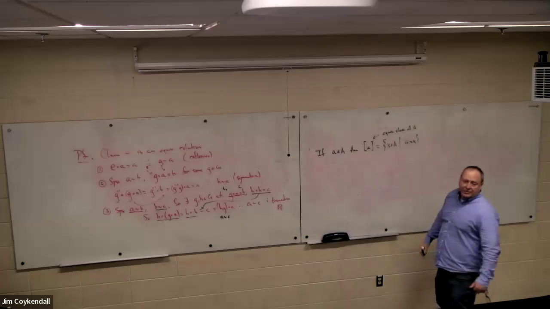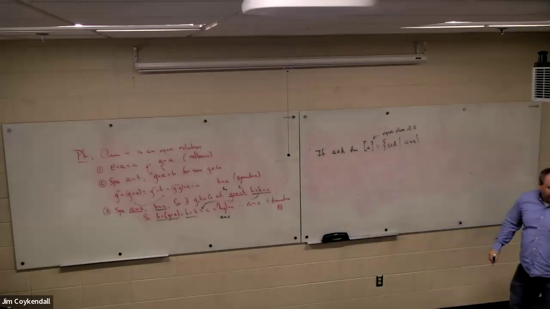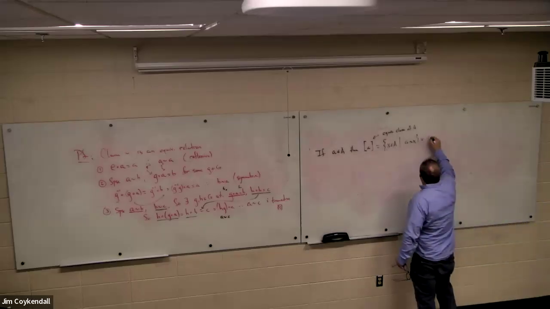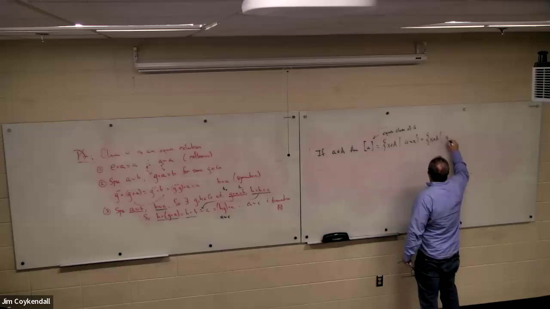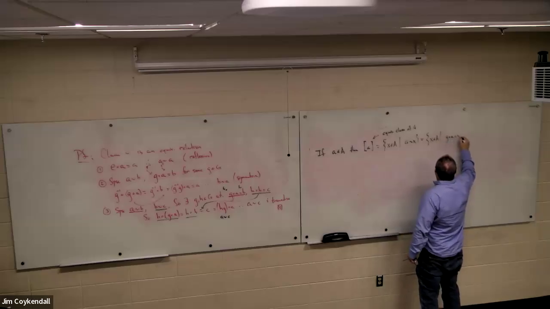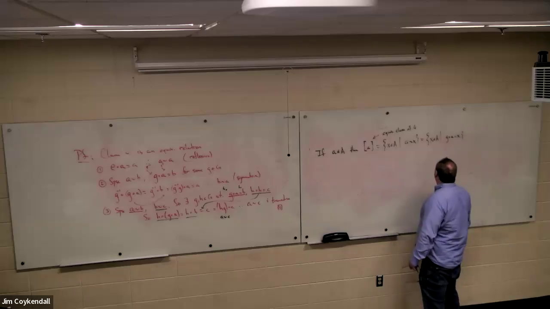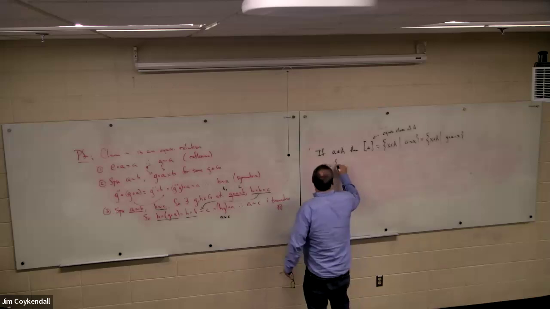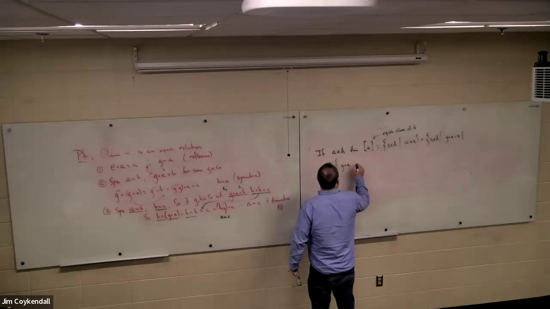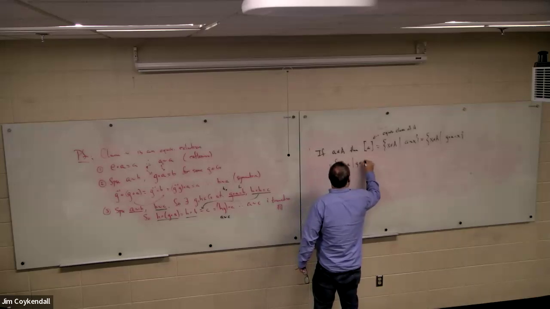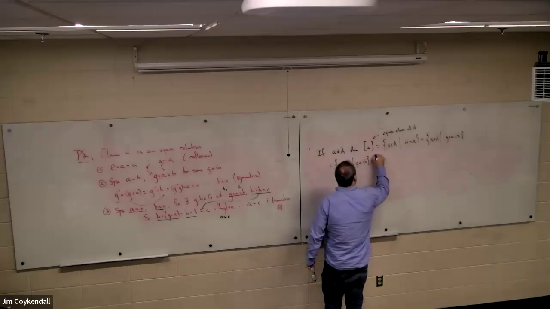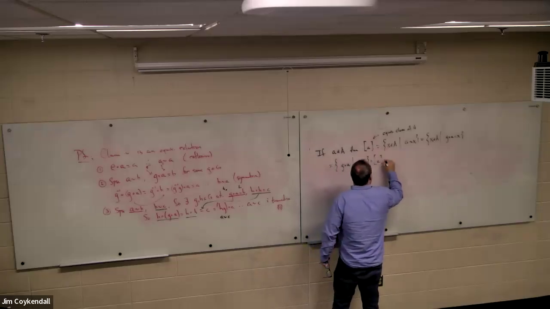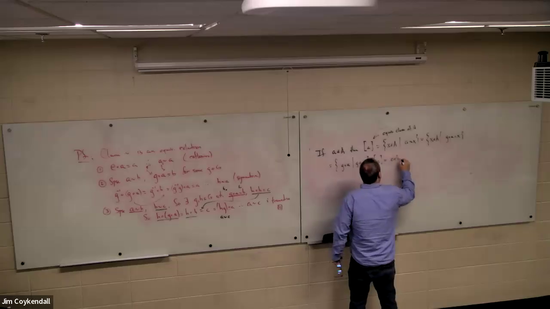Doesn't matter because it's symmetric. Everybody okay with that? And what does this mean? This is the set of x in A such that x equals g acting on a for some g in G, right? So basically, this is just the set of g acting on a, for g in G, which is the orbit.